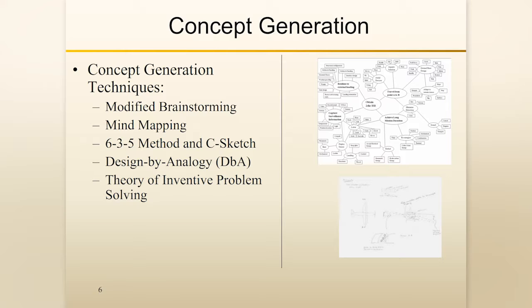It gives us a very different way to think about developing concepts, and it tends to help us think about all the functions, in particular support functions or secondary functions that a product or system has to do. So we typically end up with more complete concepts using the C-sketch technique.